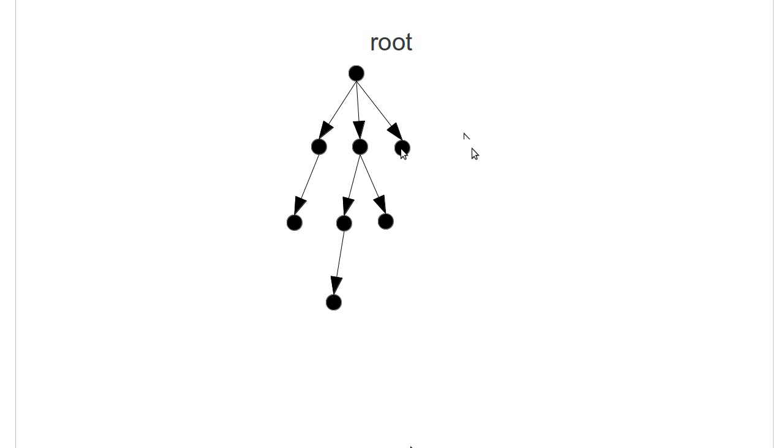But in addition to using the biological terminology, we use terminology from lineage. So think of a family tree. If I were to pick some node, we'll pick this node here, in fact, we can color it to make it look different. If I pick this node here, the node above it we refer to as its parent.